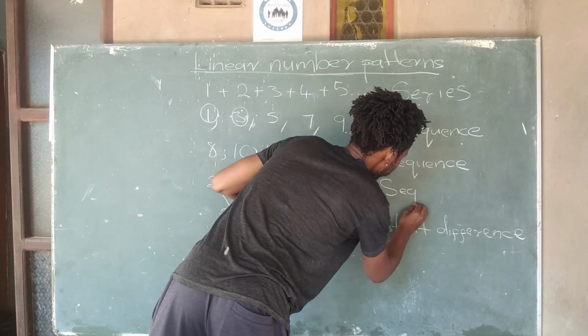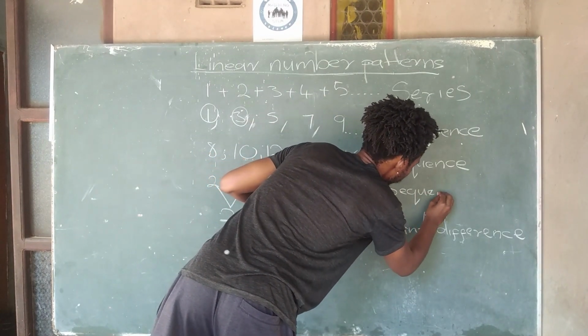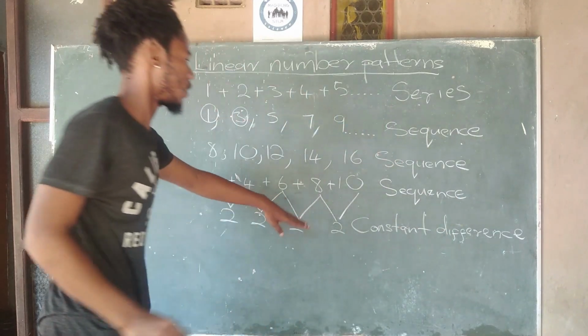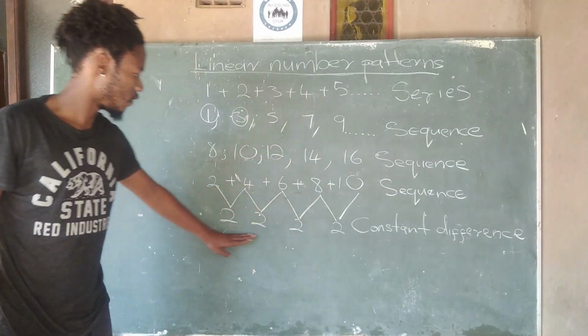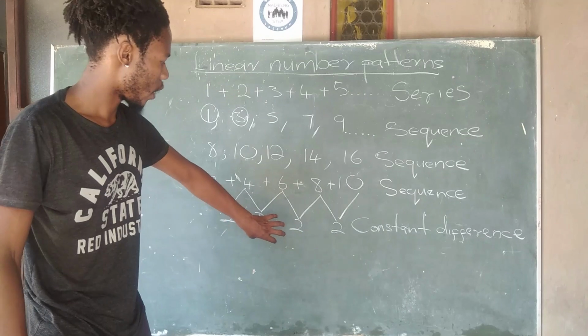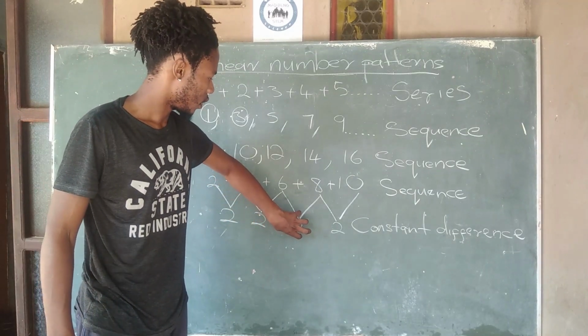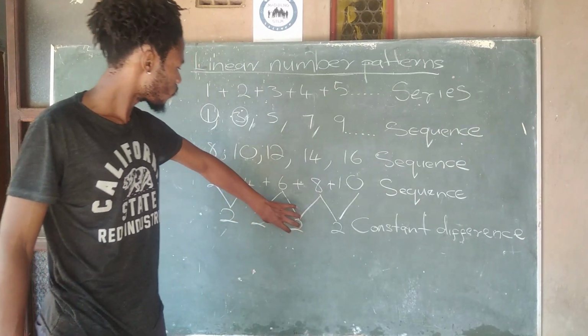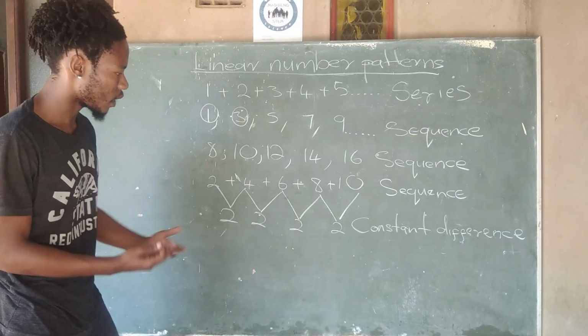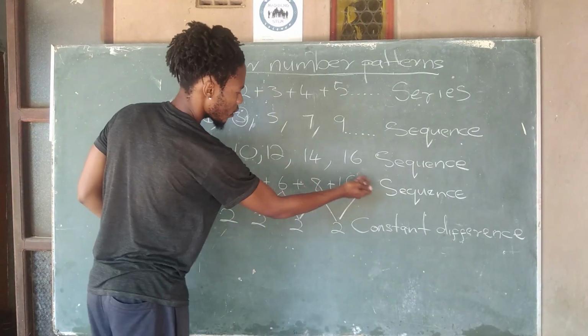This is a sequence. We have a constant difference, guys. A constant difference is a common difference between our terms.